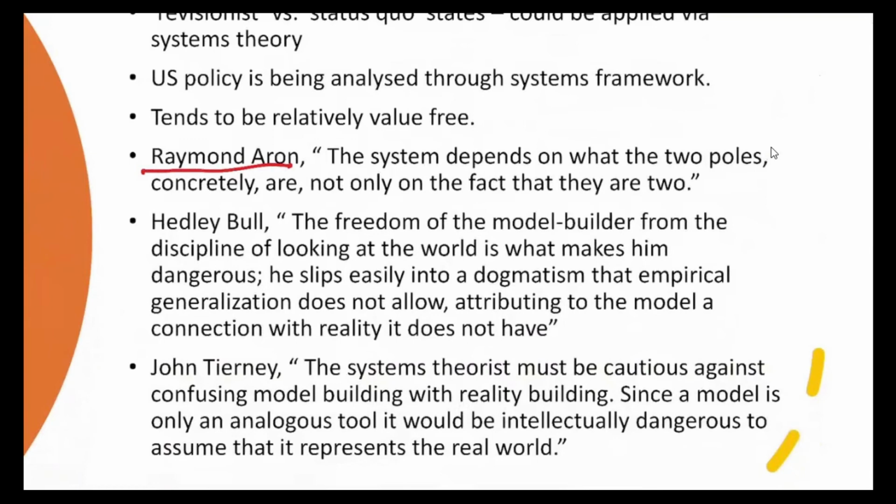The system depends on what the two poles concretely are, not only on the fact that they are two. So even if you get the generalization about bipolarity true, that generalization may not be true of the current bipolar model, because the current model is specifically two countries, which means we will have to be more careful about the applicability of systems theory. That's what he's saying.